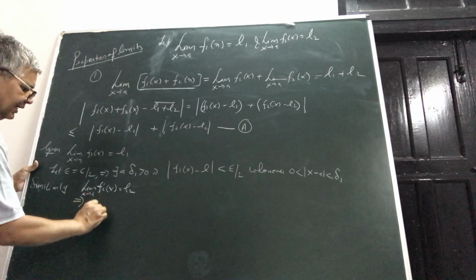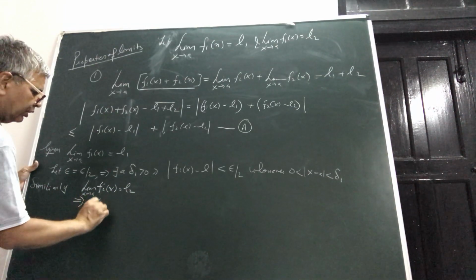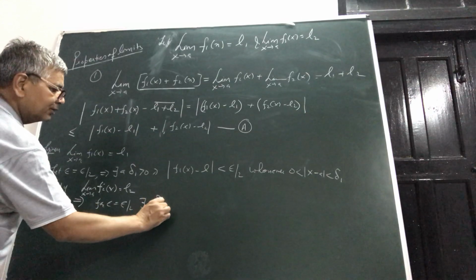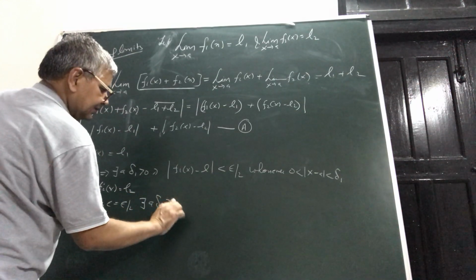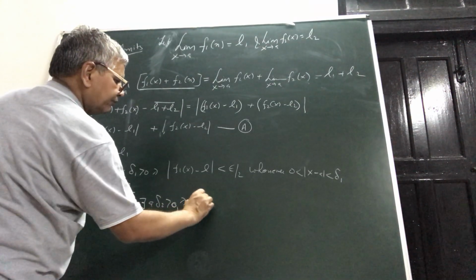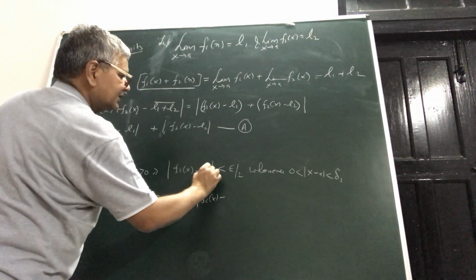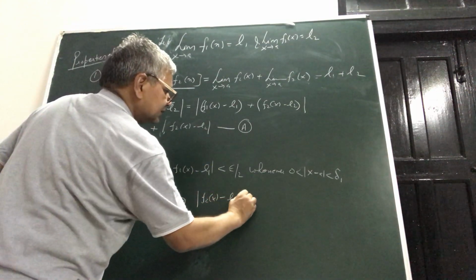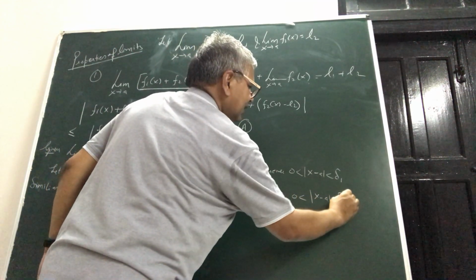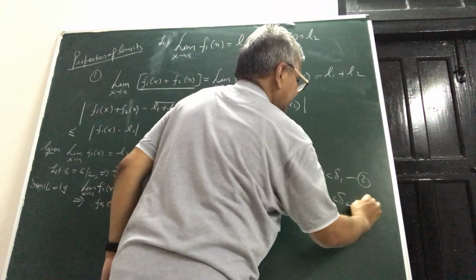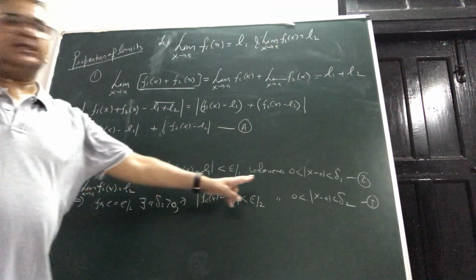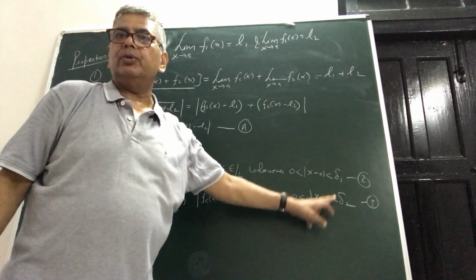This implies that for epsilon equal to epsilon by 2, there exists a delta 2 greater than 0 such that mod of f2(x) minus L2 is less than epsilon by 2 whenever 0 is less than mod x minus a is less than delta 2. So this is 2, this is 3, and then what I say is let delta be smaller than both these delta 1 and delta 2.